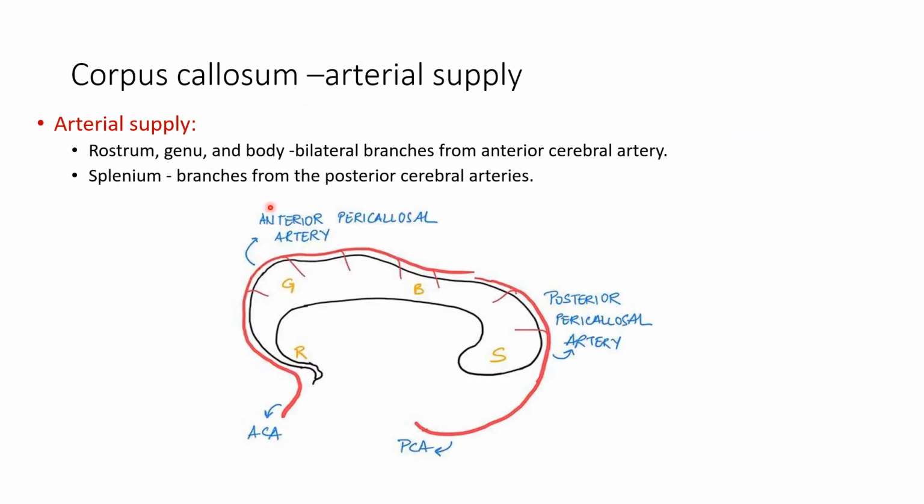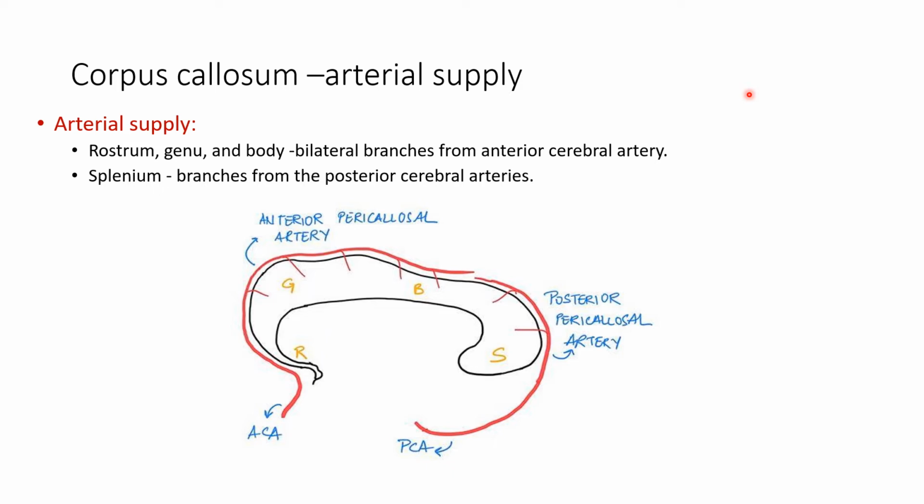Now let us look at the blood supply of the corpus callosum. The rostrum, the genu and body are supplied by the bilateral branches of the anterior cerebral artery in the form of the anterior pericallosal artery, subcallosal and medial callosal arteries.